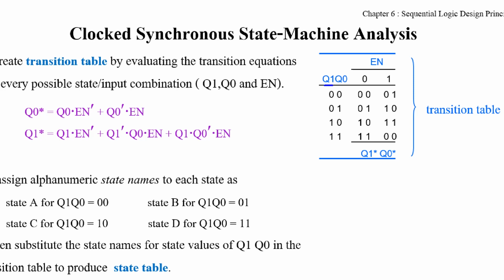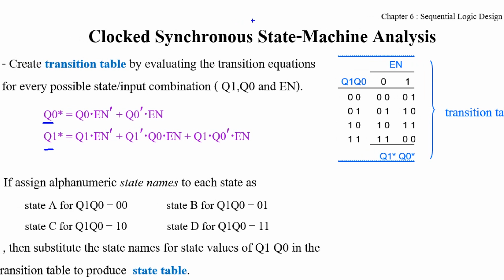Because there are two state variables, the possible states are 00, 01, 10, and 11, and the next state is Q1 star and Q0 star. En is an input, not an input of the circuit, in this case it may be 0 or 1, right? Now, based on this transition equation, you can determine the value of Q1 star and Q0 star.